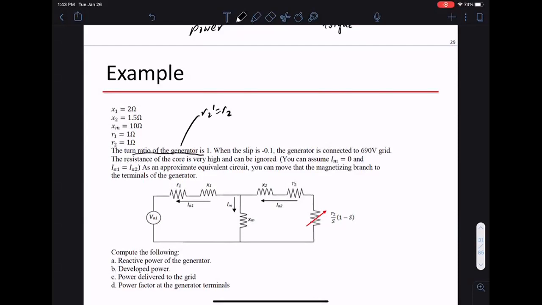It's a transformer with turns ratio 1. We're given the slip: the generator is operating at a slip of -0.1. The generator is connected to the grid at 690 volts, so this is 690.